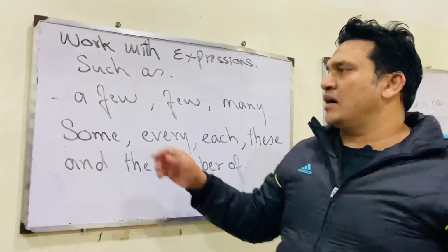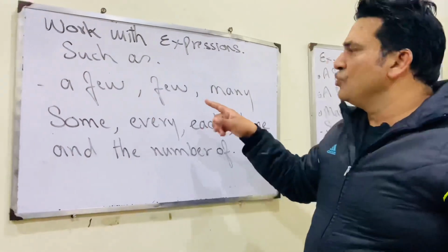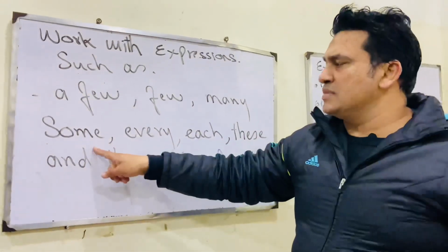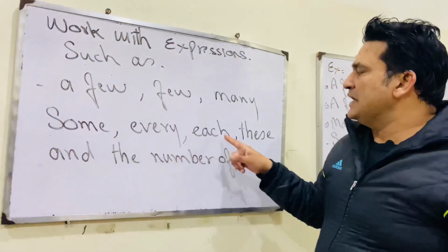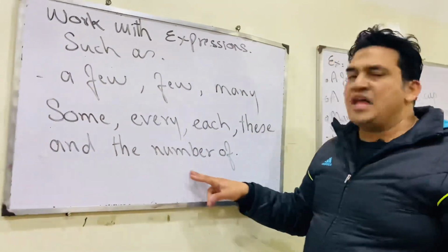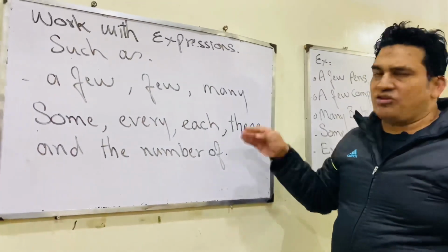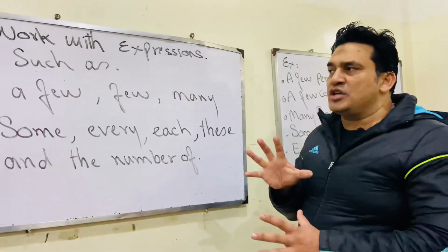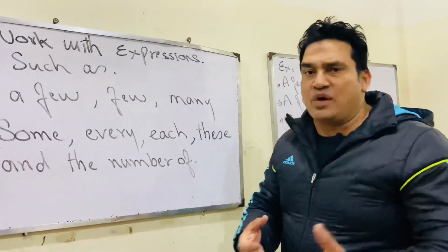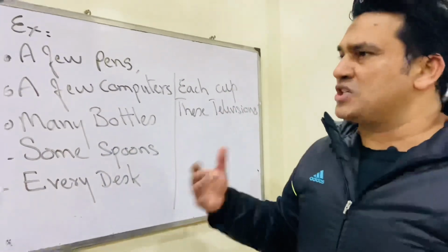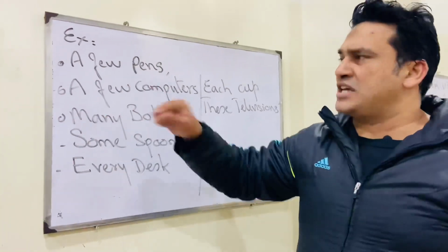The expressions are a few, many, some, every, each, these, and the number of. These are the expressions which we use with count nouns. Now come forward; here are some examples to explain those expressions.